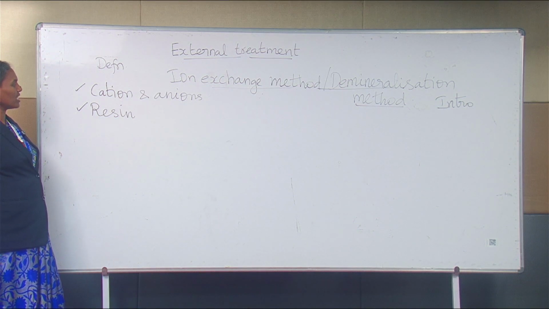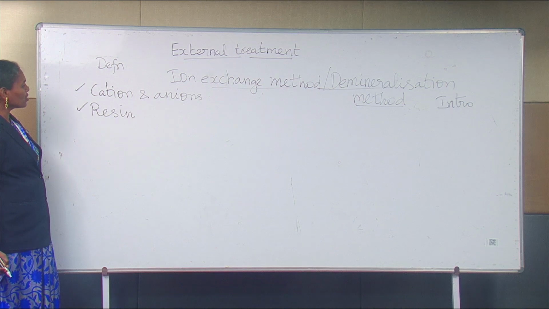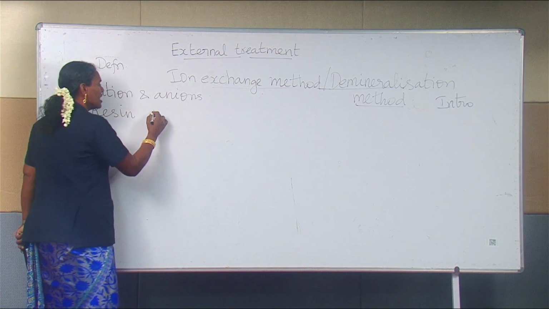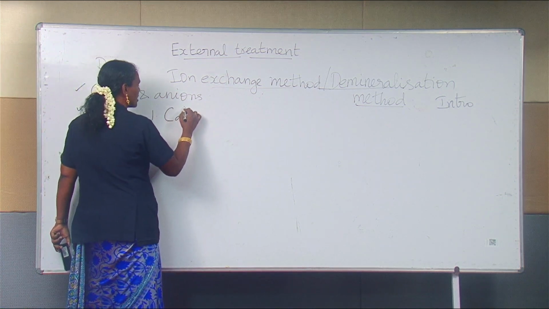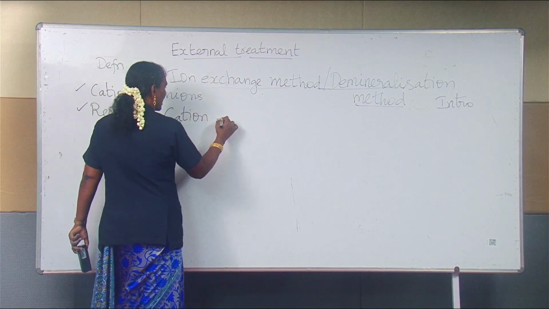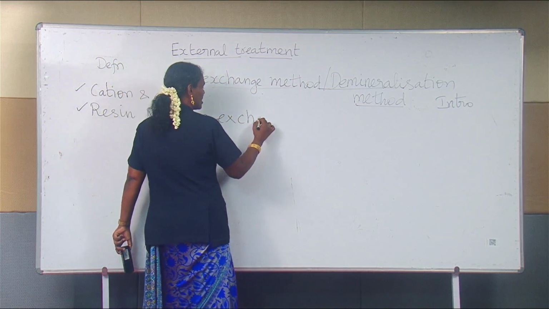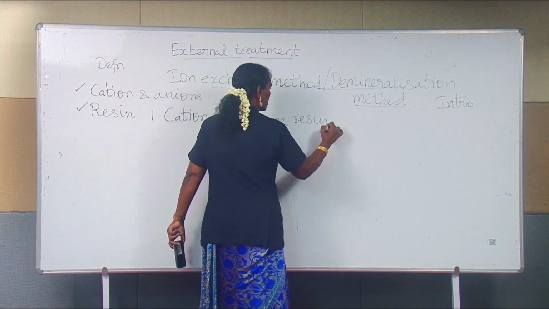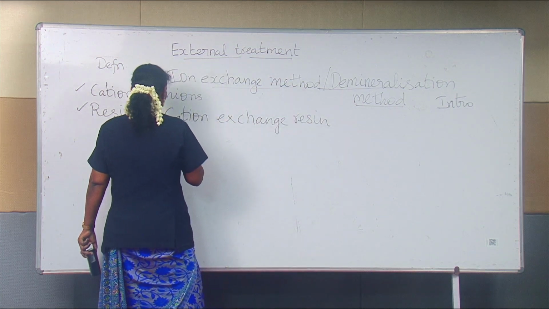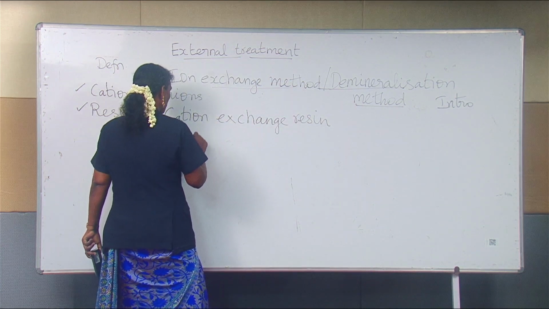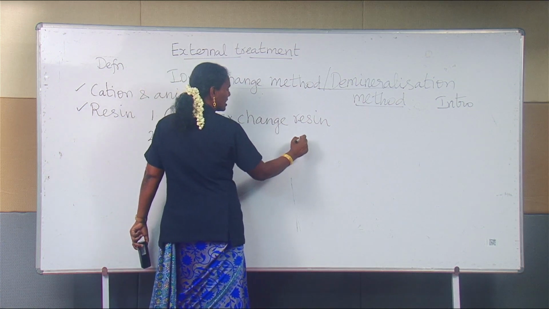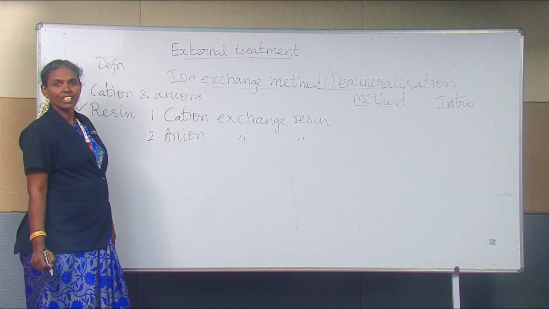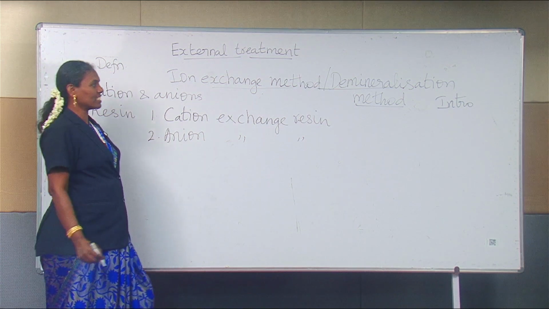They are actually organic polymers, and here we are using two kinds of resin: cation exchange resin and anion exchange resin. How are they represented?